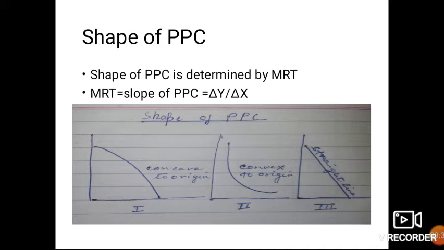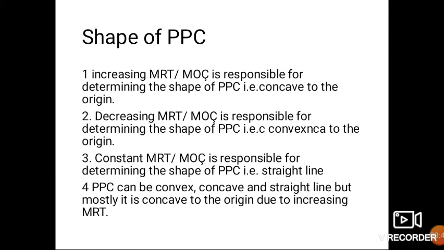This MRT and MOC is responsible for determining the shape of the PPC. Now how? If you find the MRT is increasing, then the shape of the PPC will be concave to the origin.